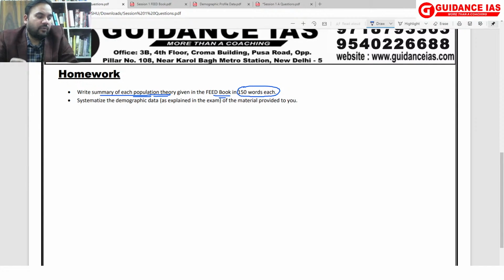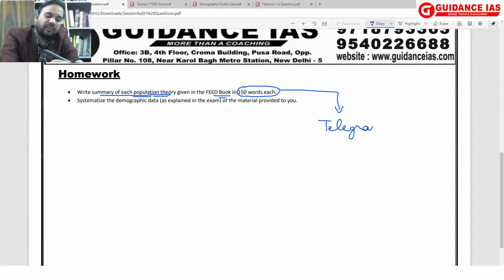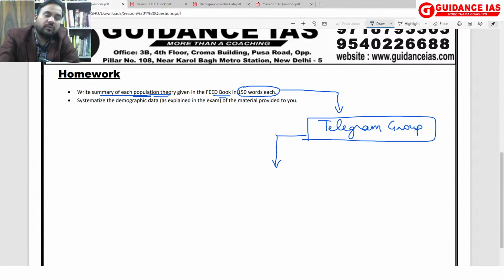Okay, and for this work I am giving you, we'll make one Telegram group like previously also we have been doing. So there will be a Telegram group for you, and you will be required to upload what you have written, the PDF form, in that Telegram group, just to make you accountable. I am not going to check it.